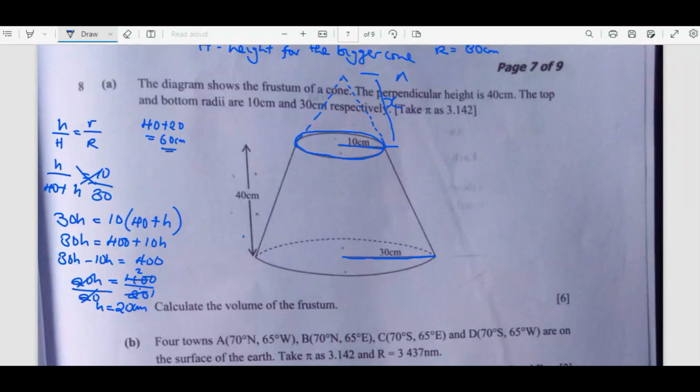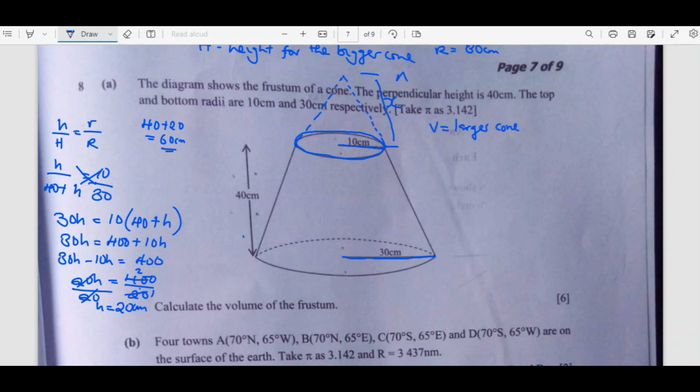To find the volume of the first term, we would say volume is equal to the volume of a larger cone minus a small cone.